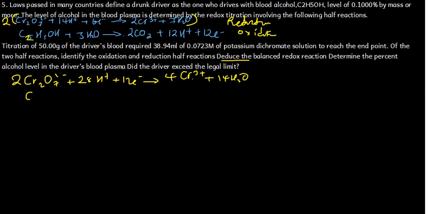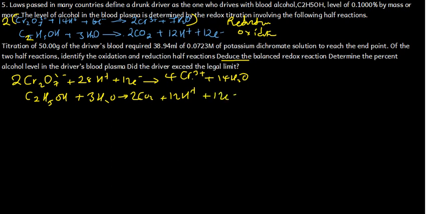This is supposed to be a 2 there, as we can see from the formula given above. So C2H5OH, ethanol, reacting with 3 water molecules to produce 2 carbon dioxide, plus 12 hydrogen ions, plus 12 electrons.